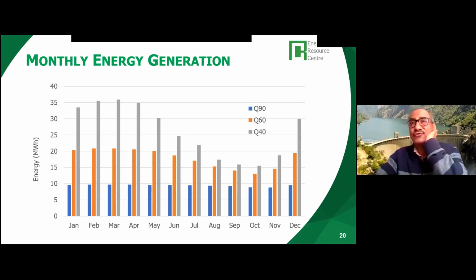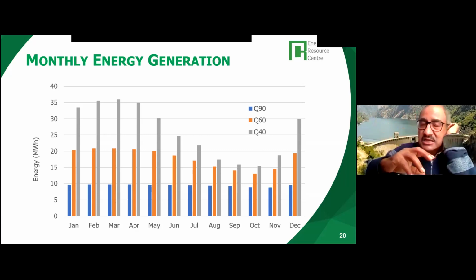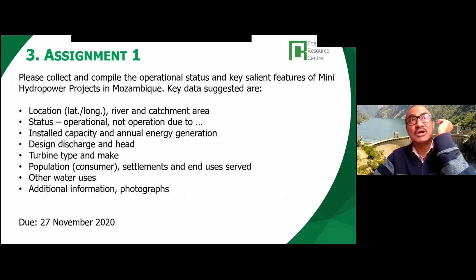If you look at EDM's power sector master plan for the next 20 or 30 years, they have planned a mix, because in the national grid you can have a mix. But for a rural isolated grid, it may be a different story.